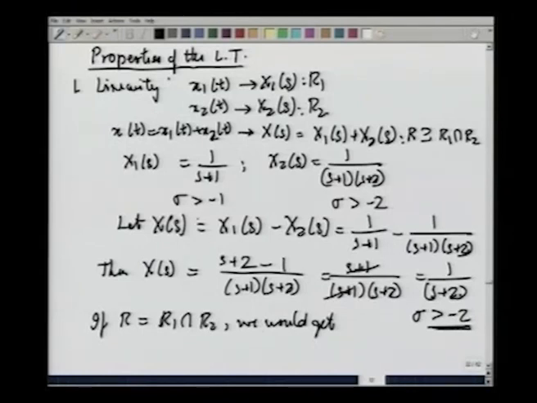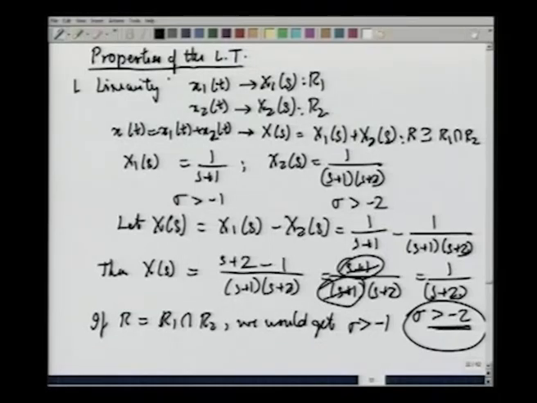the intersection of sigma greater than minus 1 and sigma greater than minus 2, which would simply be sigma greater than minus 1, but what we are actually getting is sigma greater than minus 2, which is more than the intersection of the two ROCs, and that has evidently happened because of the fortuitous cancellation of this with this, which has knocked off a pole to the right of the s equal to minus 2 pole.